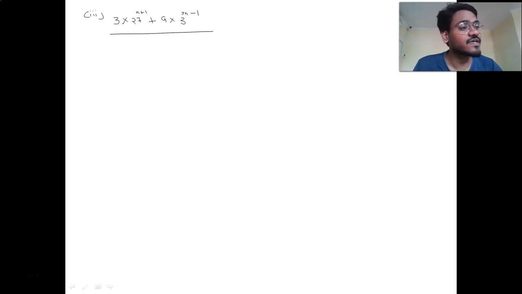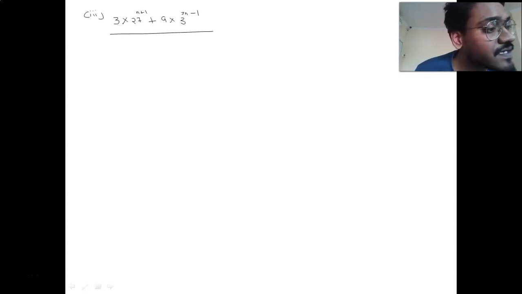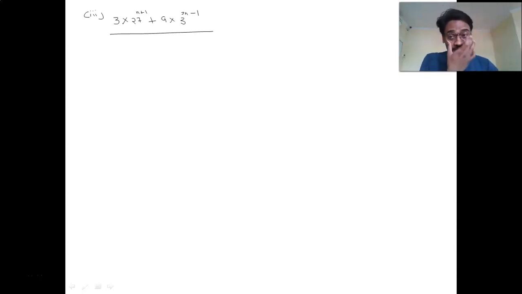And in the denominator it's 8 into 3 raised to the power 3n minus 5 into 27 raised to the power n, and we have to simplify this expression. Now students, don't get confused with this n. We have to just simplify.